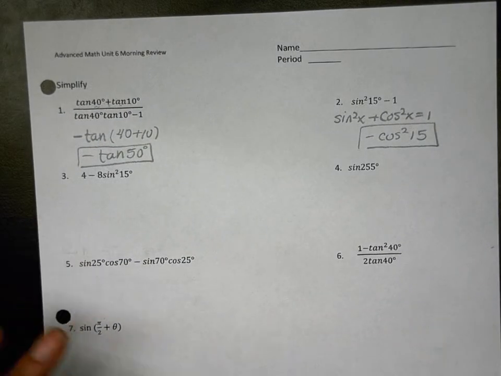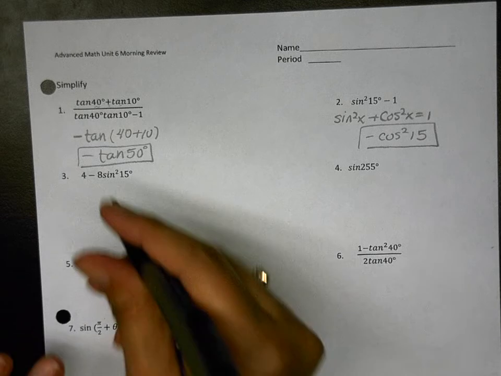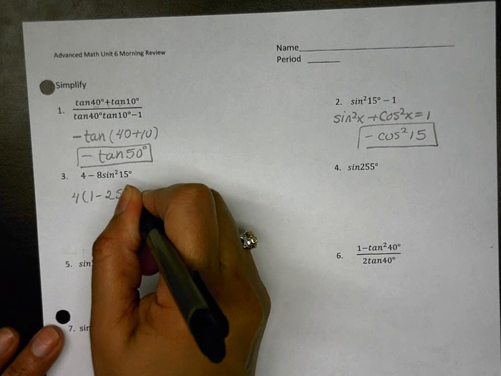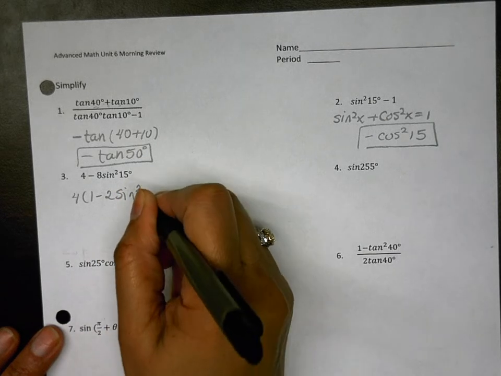All right, number 3 is one of my double angle formulas, but I don't have anything with a 4 or an 8. A volunteer, raise your hand and tell the class what we'd have to do first. Lucas? Factor. Those of you that raised your hand as well, do you guys agree? Okay, GCF. 1 minus 2 sine squared 15.